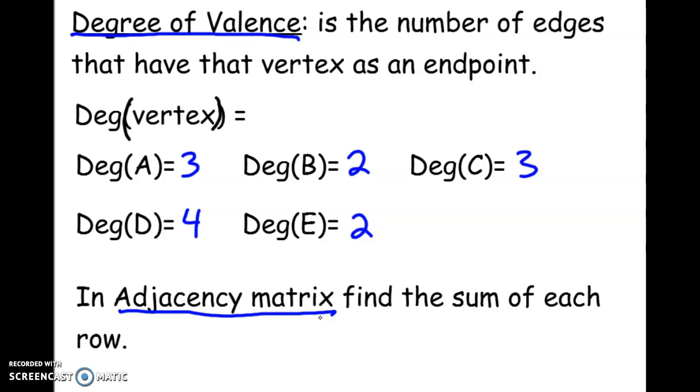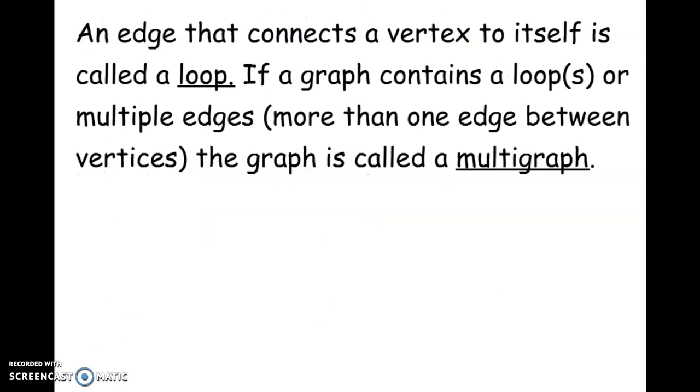All right, one more idea here, that loop. If a vertex can actually connect to itself, so let's say I had the points A and B, vertices A and B. Normally it might have A connected to B, but you could also have A connected to A. So it's just going to look kind of like a loop, a circle there.